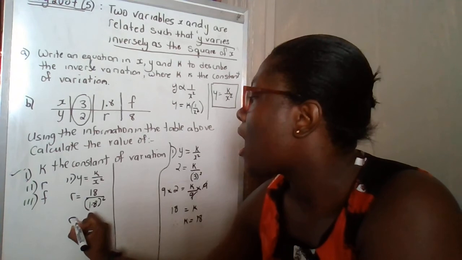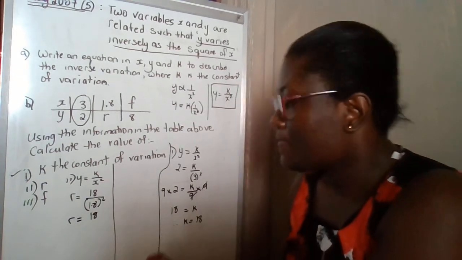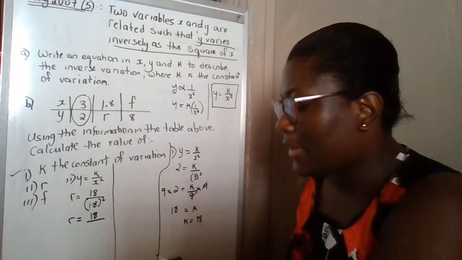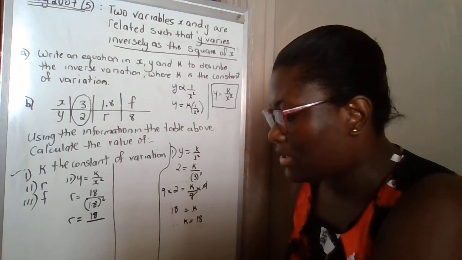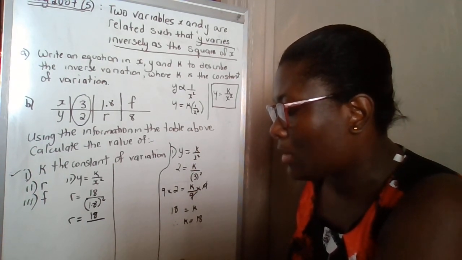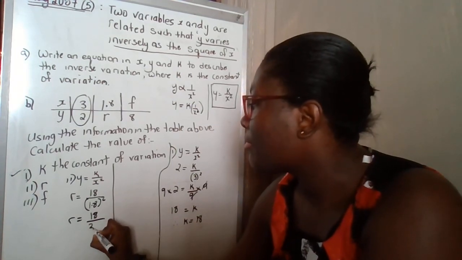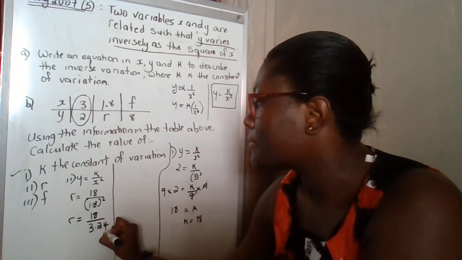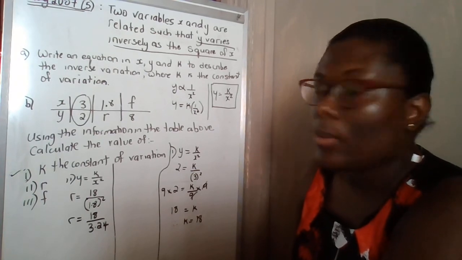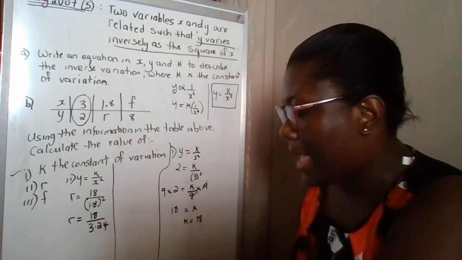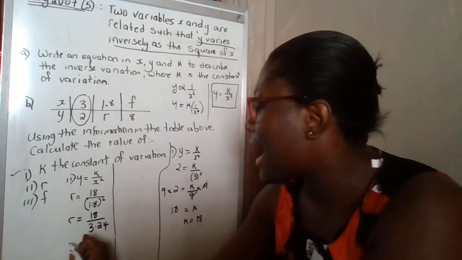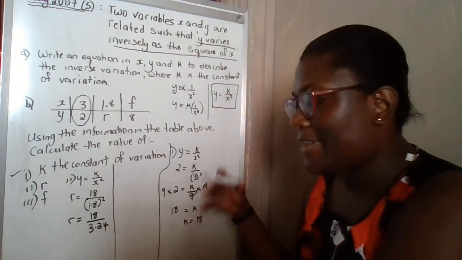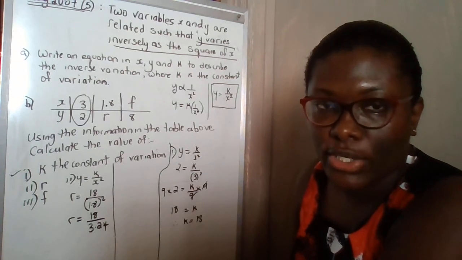So you're going to have r is equal to 18 over, and on your calculator you're going to be punching 1.8 squared, which is the same thing as 1.8 times 1.8, and you're going to get 3.24. So what we're having here is 18 divided by 3.24, and I'm going to have 5.55555, and the list continues.